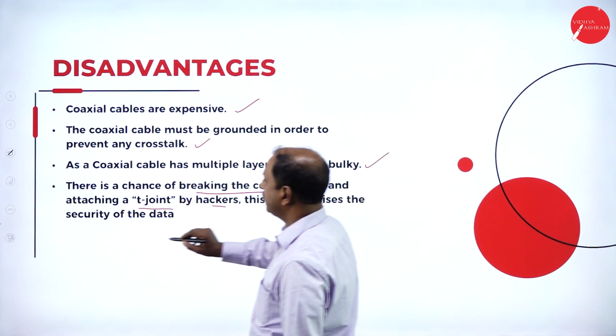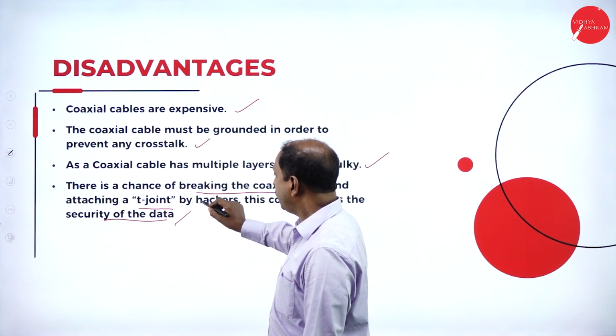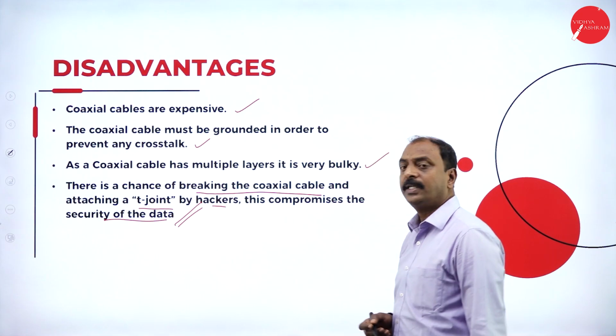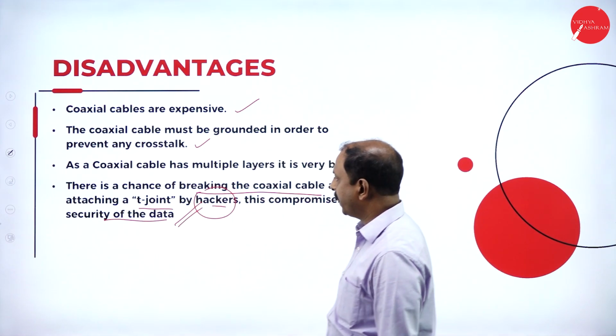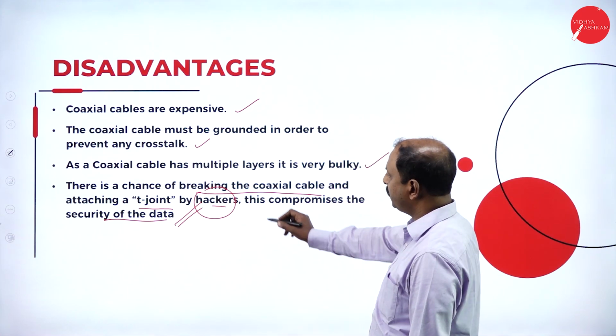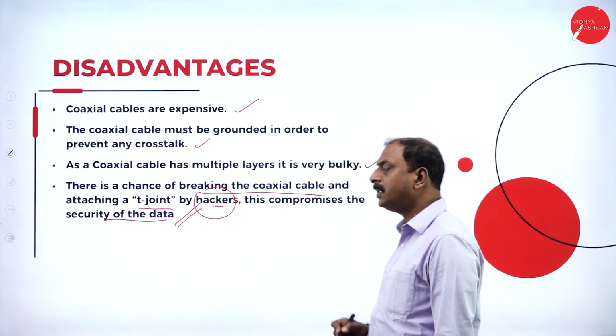This compromises the security of the data. So this is the main threat or disadvantage of coaxial cable. These hackers can go for a T-joint connection.